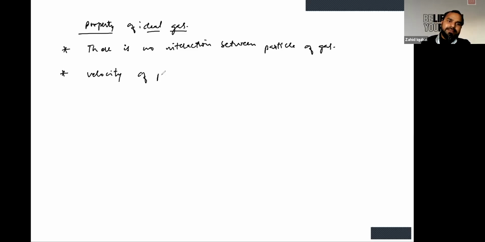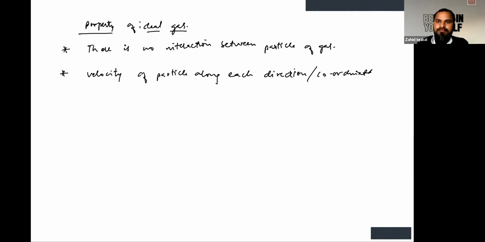Velocity of particles along each direction or coordinate will be the same. That is, velocity along the x-axis, velocity along the y-axis, and velocity along the z-axis will be equal.